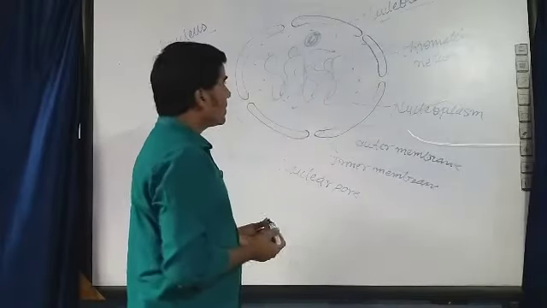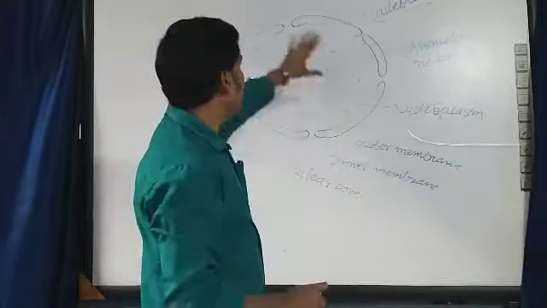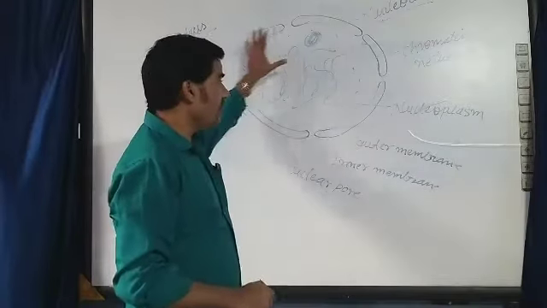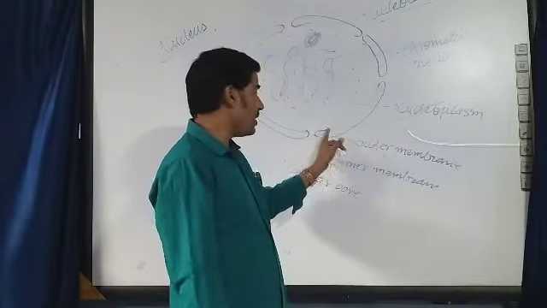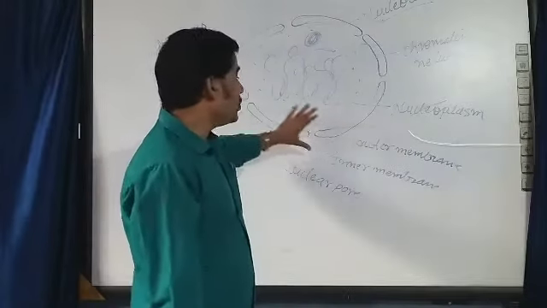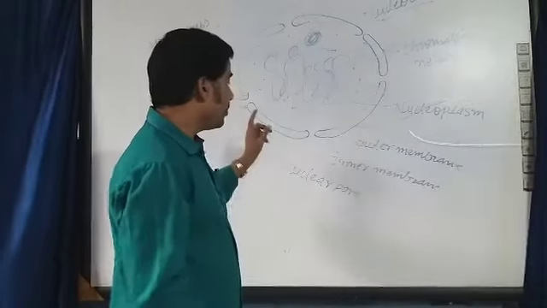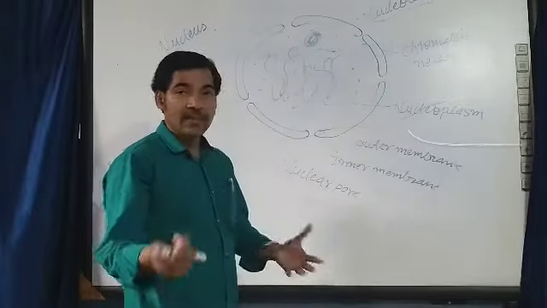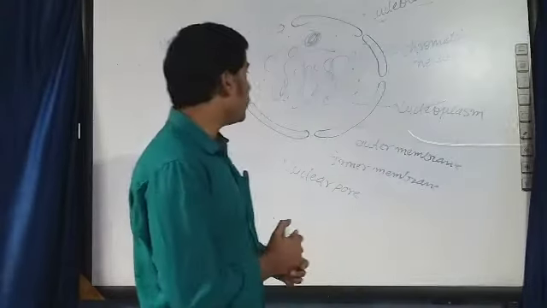Now we will discuss the function of the nucleus, but once again I am going to repeat it. This is the nucleus. Each nucleus is surrounded by a double membranous structure, in which the outer one is called the outer membrane and the inner one is called the inner membrane. This nuclear membrane is not continuous. It has many pores at certain places. These pores are called nuclear pores, which help in the exchange of substances between the nucleoplasm and the cytoplasm.